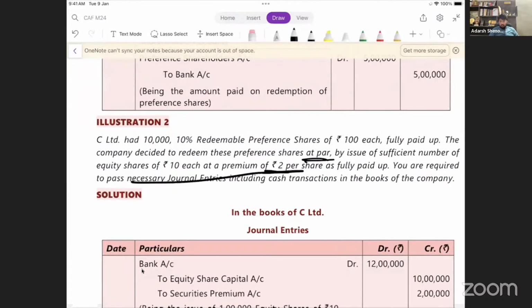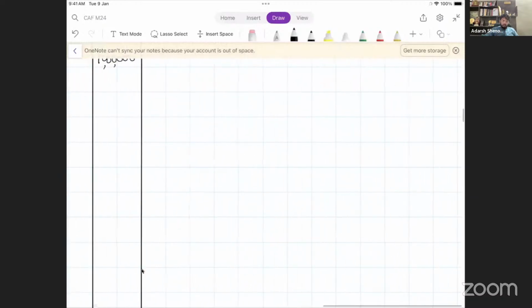How many equity shares should they issue? They're issuing it at a premium of 2 rupees. But while calculating how many shares to issue, we have to take the face value itself, because capital has to be replaced with capital. So here now we have fresh issue and there is redemption.